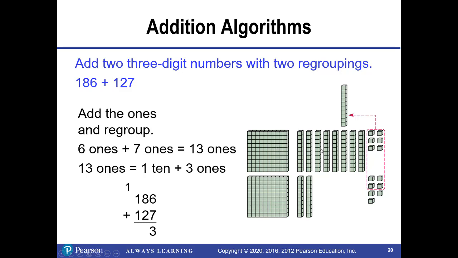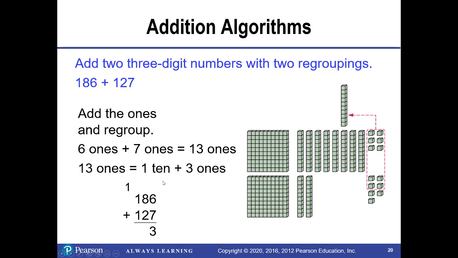And our bottom row showing us 127. So in our first step, what we do is we add the ones together. And with base 10 blocks, we sometimes will say, instead of regroup, we'll say trade, because trading does make a certain amount of sense with base 10 blocks. We aren't dealing with numbers there. We're dealing with concrete objects.